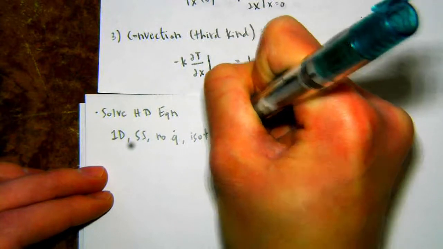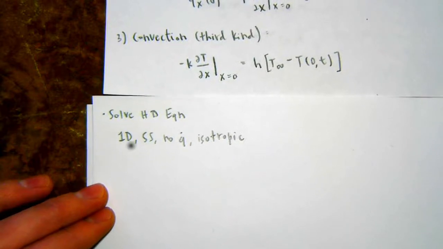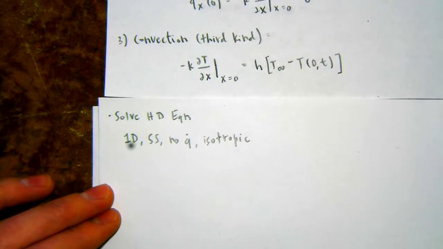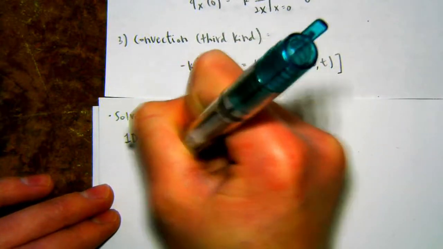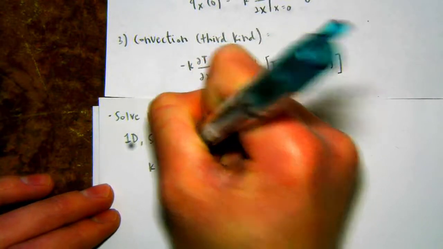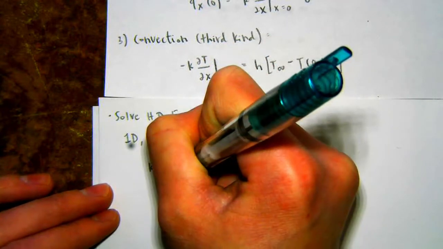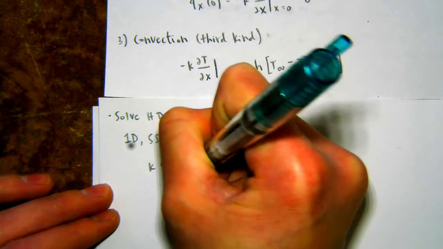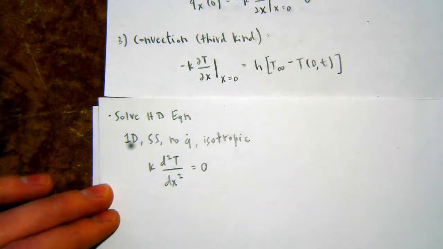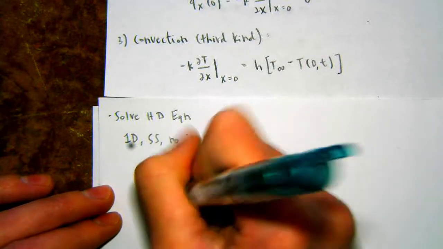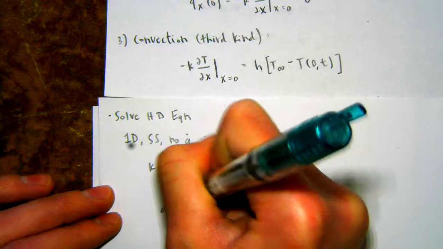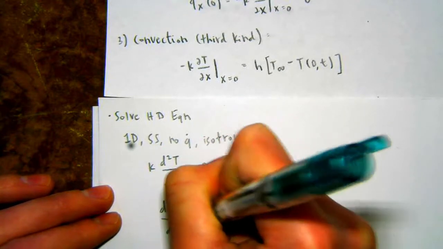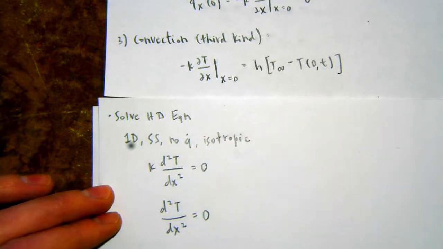So basically all the assumptions that you can make. And the equation for that form of the heat diffusion equation is just this. And of course, you can divide both sides by k. So really, it's just the second derivative of temperature with respect to x equals 0.